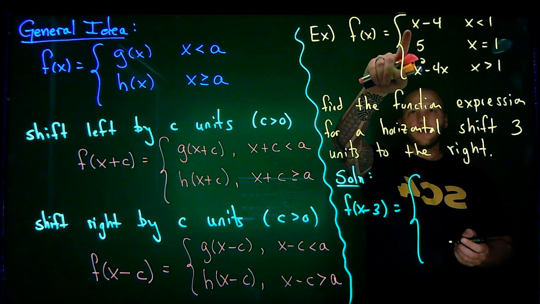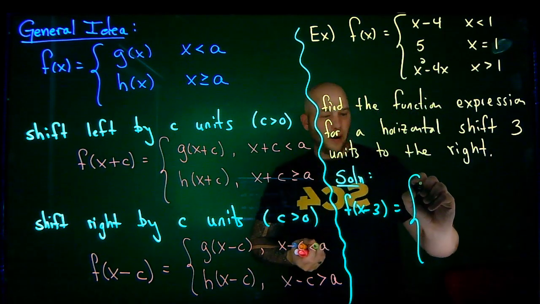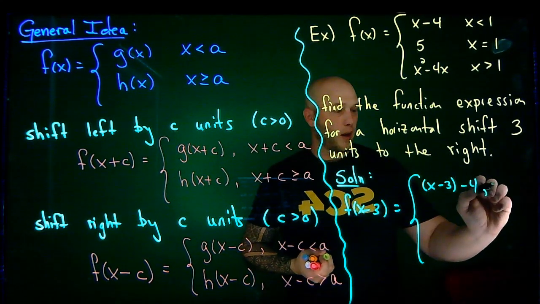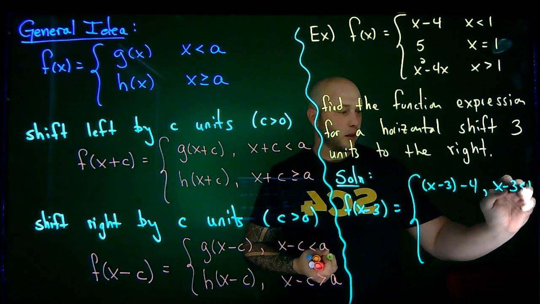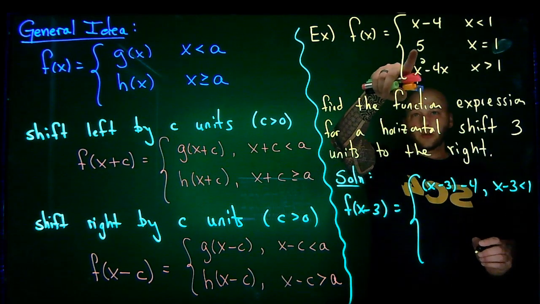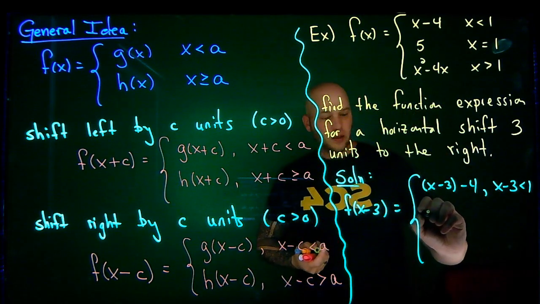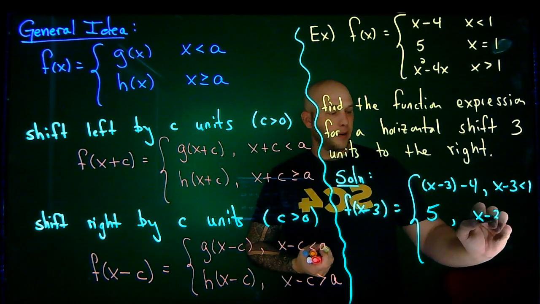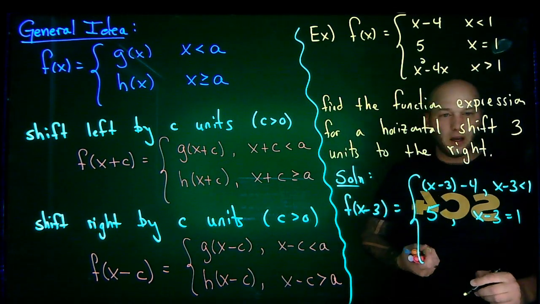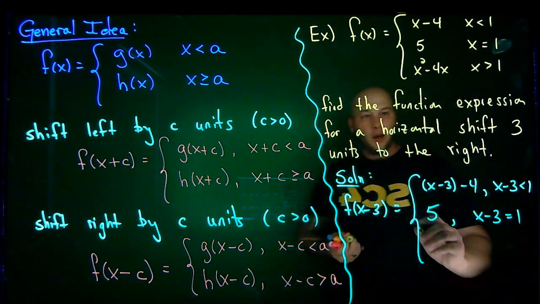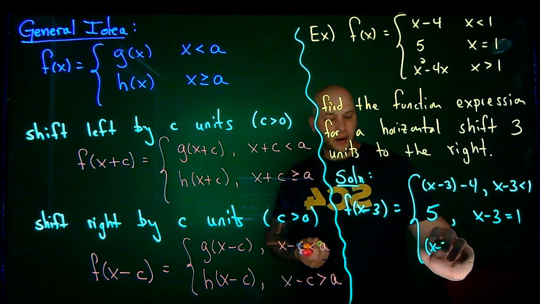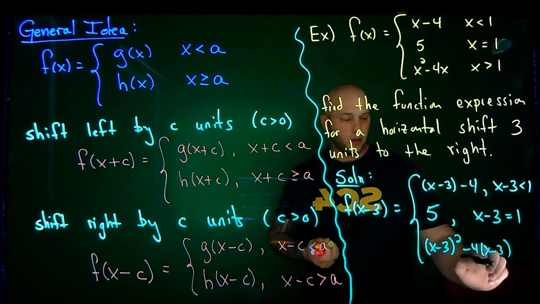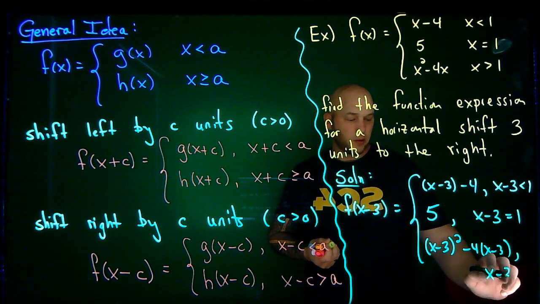That means in the first expression, x minus 4, I would have x minus 3 minus 4 when x minus 3 is less than 1. Second expression, there is no x, therefore it stays as is, meaning I have 5 when x minus 3 is equal to 1, in other words, when x is 4. And finally, I have x minus 3 squared minus 4 times x minus 3 when x minus 3 is bigger than 1.